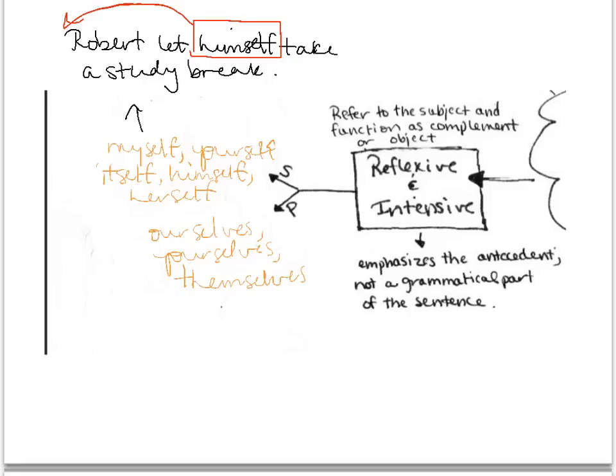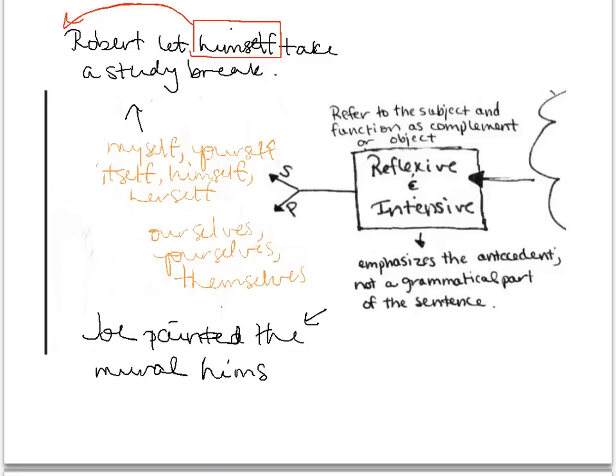Intensive pronouns, all they really do is emphasize the antecedent. They have no grammatical function in the sentence. You can take the word out and it's not going to change the meaning of the sentence or the way the sentence works. So an example would be, Joe painted the mural himself.